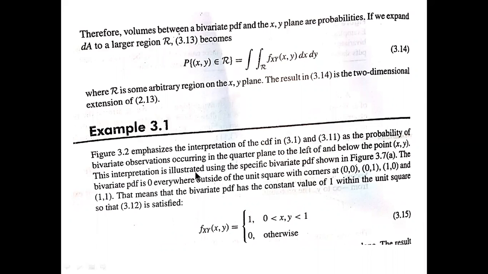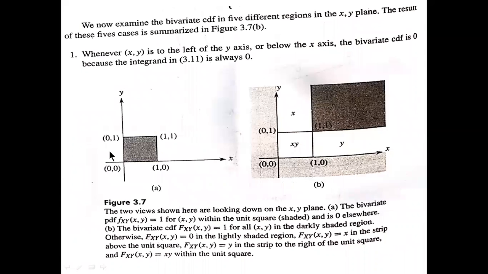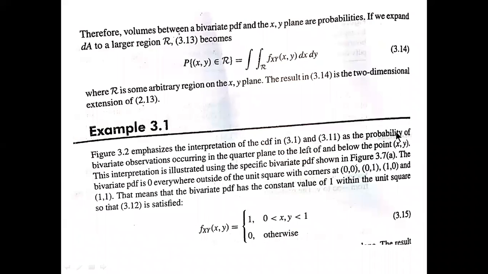So this interpretation is illustrated using the specific bivariate PDF shown in figure 3.7a over here, right? And then we consider different regions here. The bivariate PDF is 0 everywhere outside the unit square with corners (0,0), (0,1), (1,0), and (1,1).